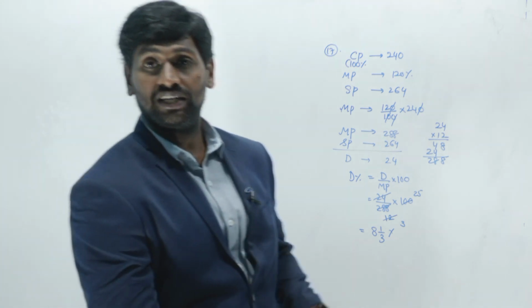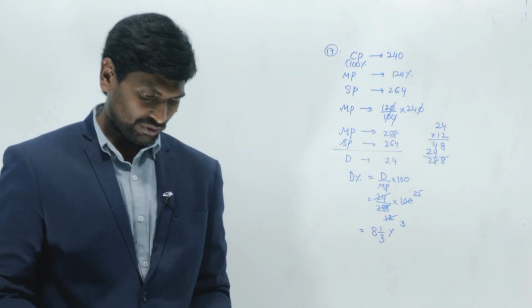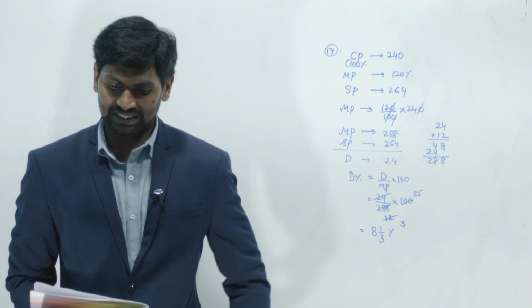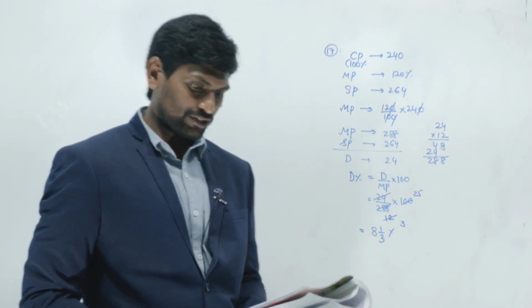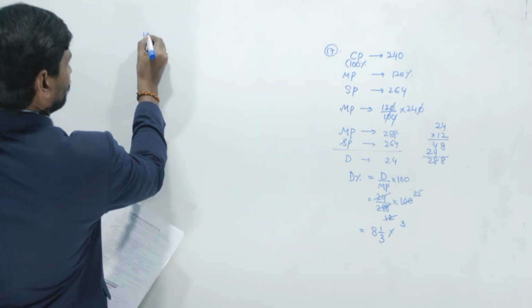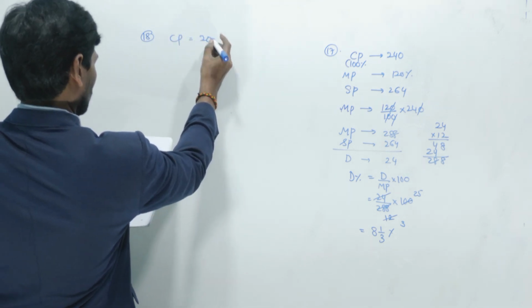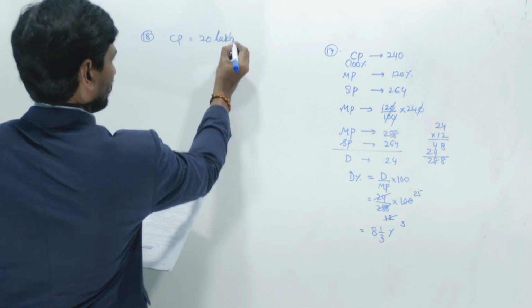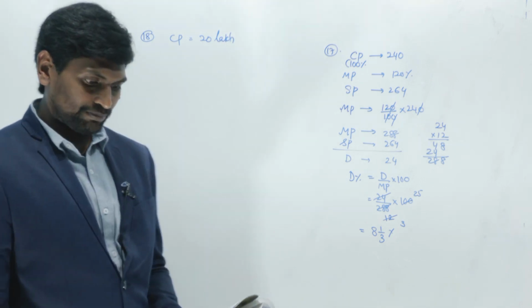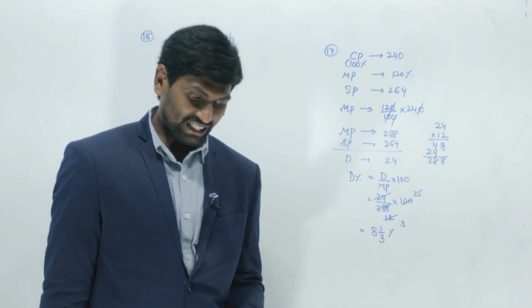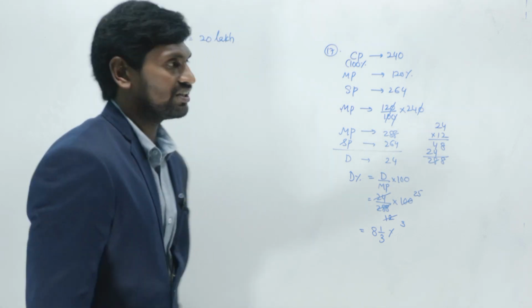Let us go to the next problem. That is the 18th one. An industrialist purchased a building of 20 lakhs rupees. Cost price of building is 20 lakhs. And he spent 30% cost on developing and dividing into 60 units.